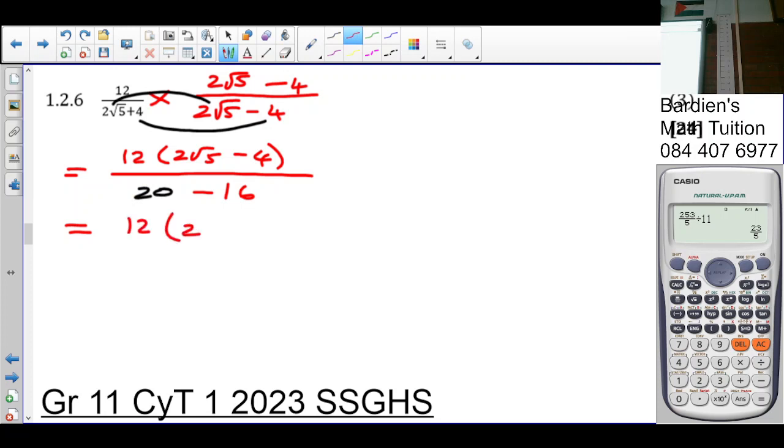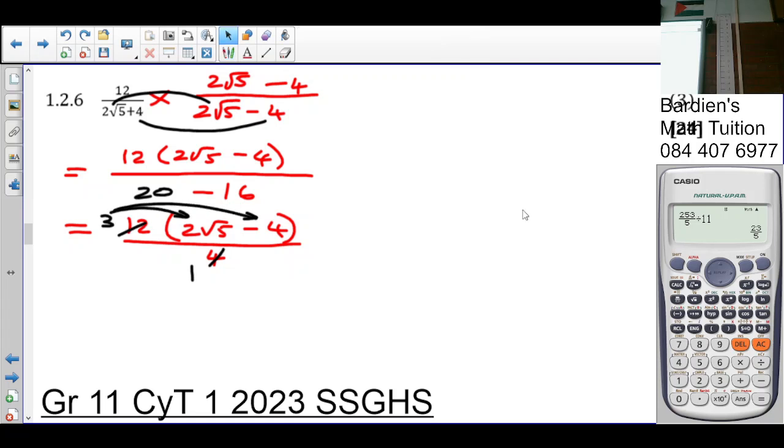So it's 12 into 2 root 5 minus 4, over 4. People, that 4 and that 4 will never cancel. Okay? Why? Because there's a plus or minus between it. However, 4 goes into 4 once, 4 goes into 12, 3 times. So I multiply that in there, which is now going to give me 6 root 5 minus.